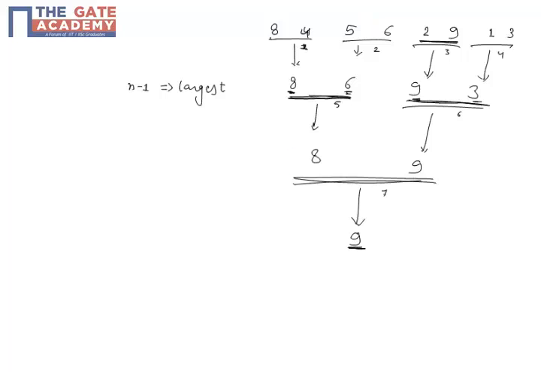In the next step I'll drop 2 numbers, 6 and 3, and their lists too. So I'll have 8 and 9, 2 numbers and 2 lists. The list of 8 will have 4 and 6, and the list of 9 will have 2 and 3.